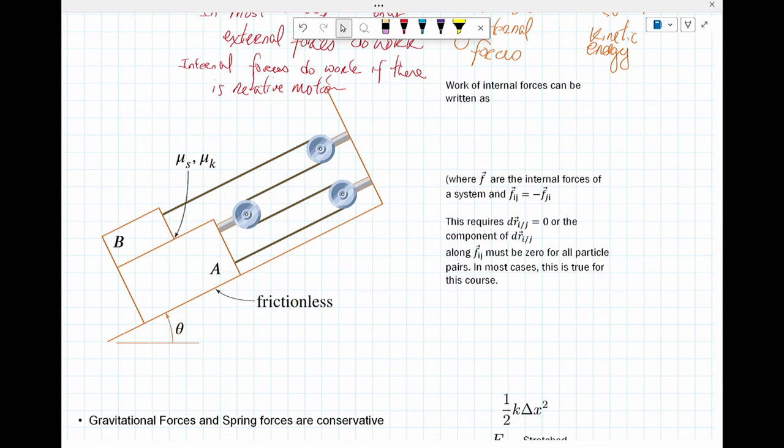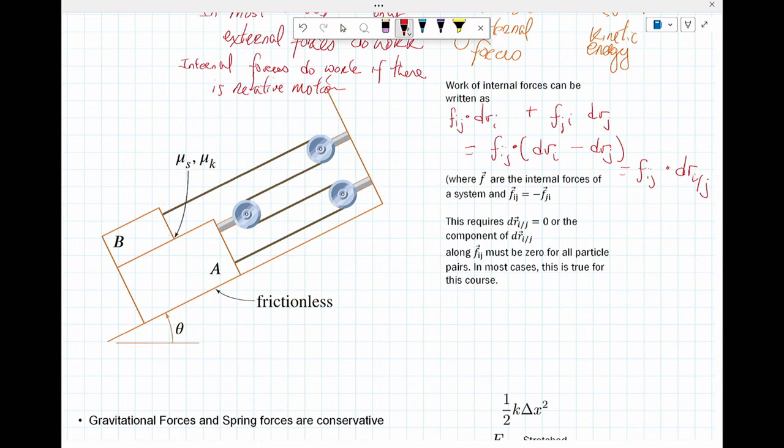The work is going to be described as F_i dr_i plus F_ji dr_j, which equals F_ij dotted with dr_i minus dr_j, which equals F_ij dotted with dr_i relative to j.